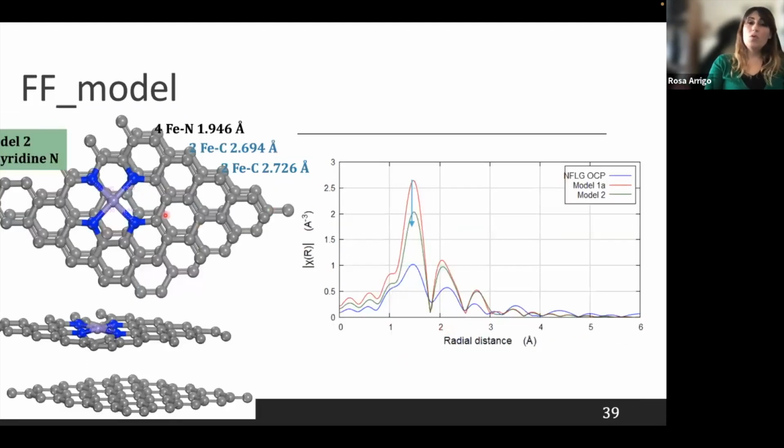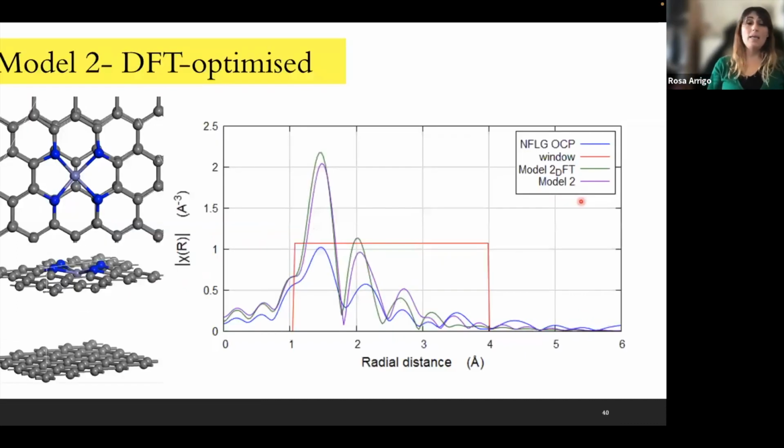If we remove the apical ligand, the intensity decreases, but still not as low as the starting material, the open circuit potential, the experimental data, I mean. We have used DFT, and here DFT is compared with the previous model, and there is not a big change, so we are still far.